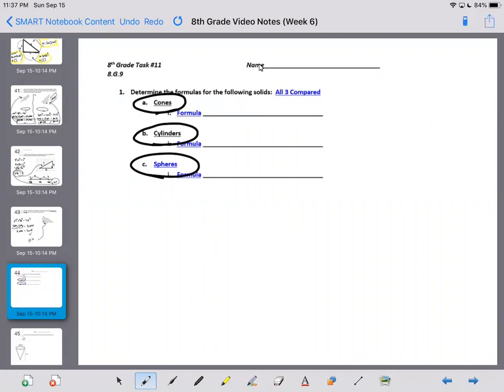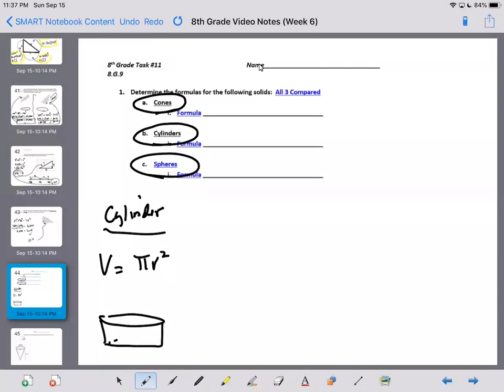So with a cylinder, which you would see again in your video, is a volume, and it has pi r squared in its formula. Because remember, a cylinder has a circular base. The only difference is it has a height. So the cylinder formula is going to be volume equals pi r squared h.